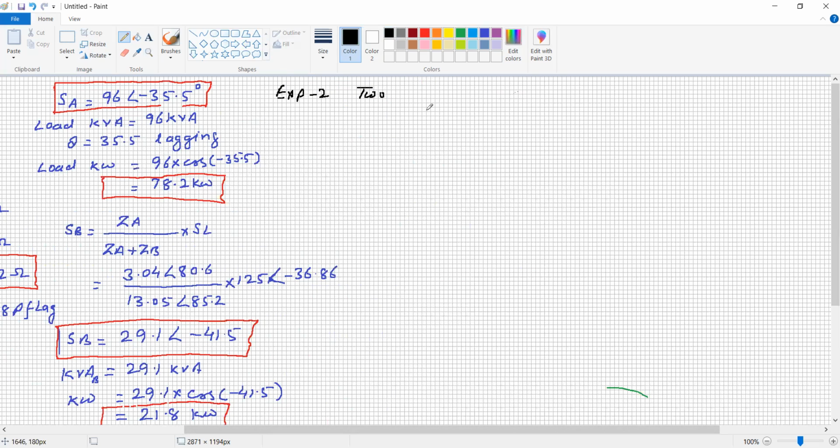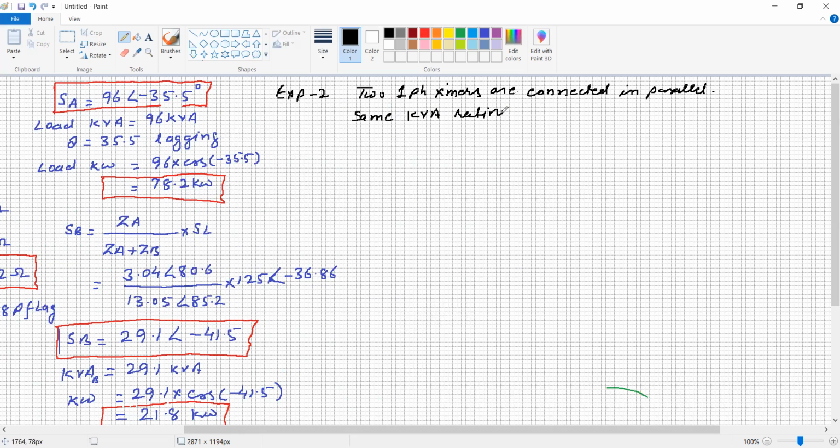They have the same kVA rating, but their resistances and leakage reactances are as given.